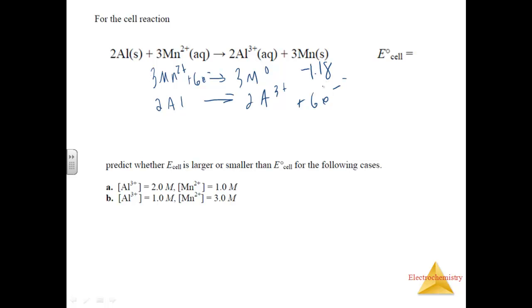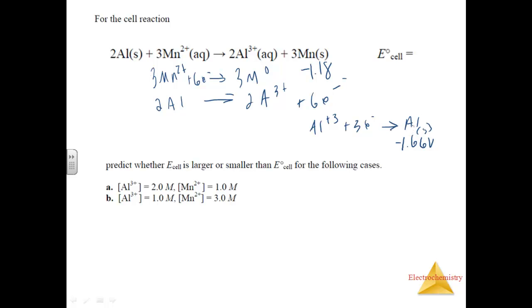And for aluminum plus 3, what the table says is aluminum plus 3 electrons gives me aluminum solid, and that would give me an E of minus 1.66 volts.